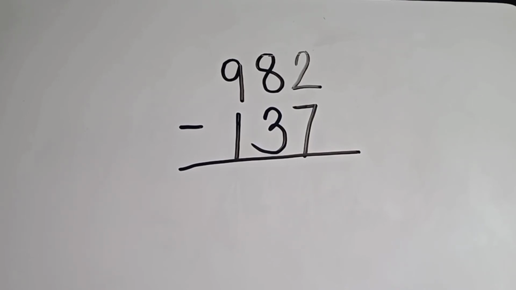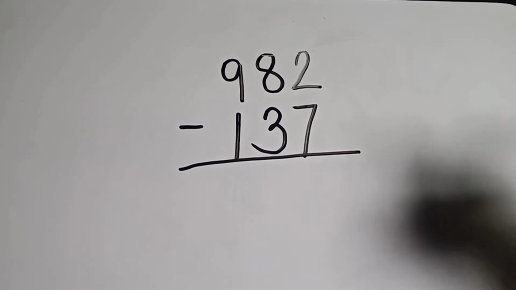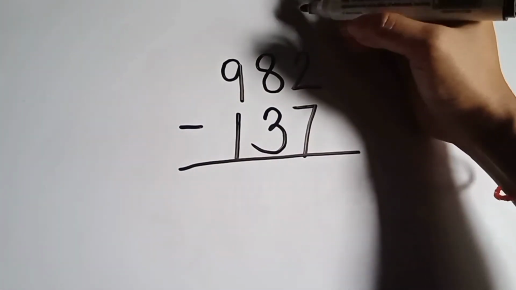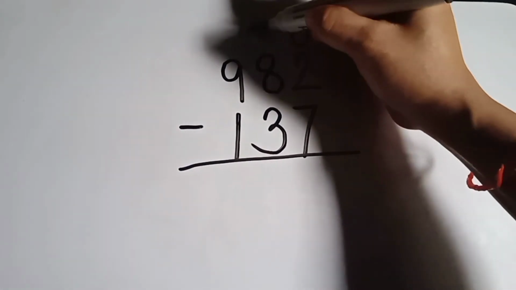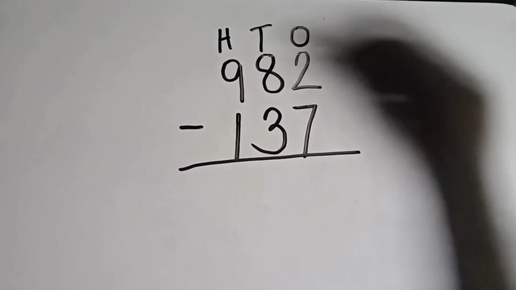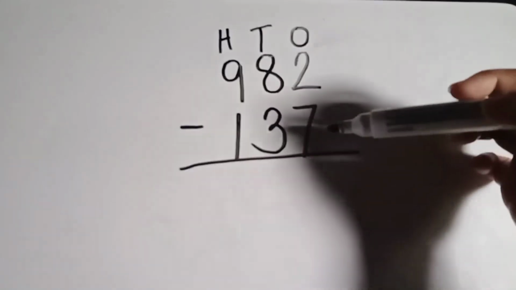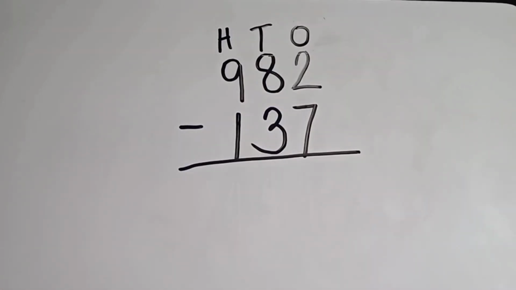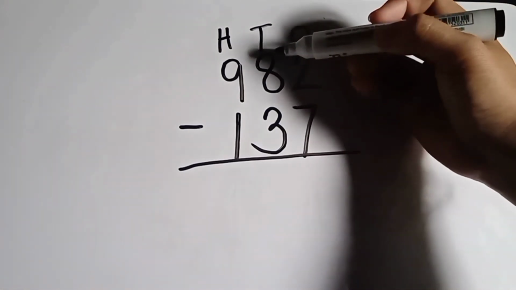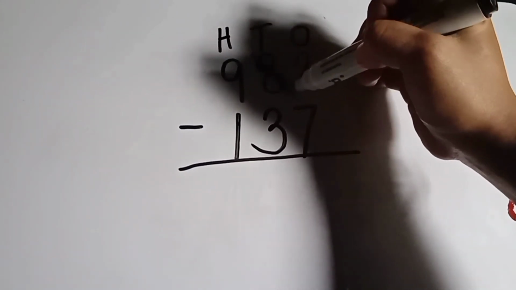How about these given numbers, Kamatiniks? 982 minus 137. All we need to do is look at the place values: the ones, tens, and hundreds. We subtract the ones place first. 2 minus 7 cannot be done, right? So we need to apply our tip from a while ago, tip number 2: more on the floor, go next door. All we need to do is borrow from the next number, which is the 8. This is our tens place, right?